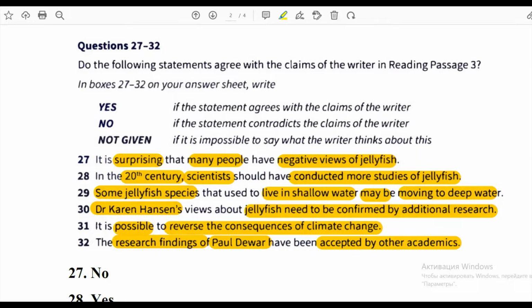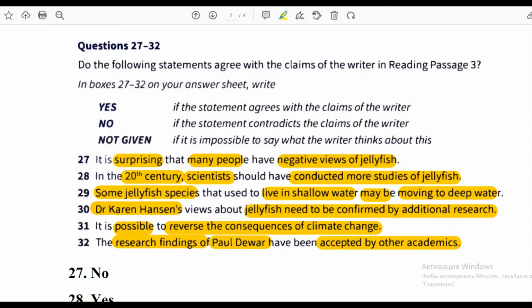Remember, it is the writer's views you need to check, not your own. Even not given questions will have a clear located word, phrase, and even statement to help you find the relevant part of the passage. Let's get started, guys.